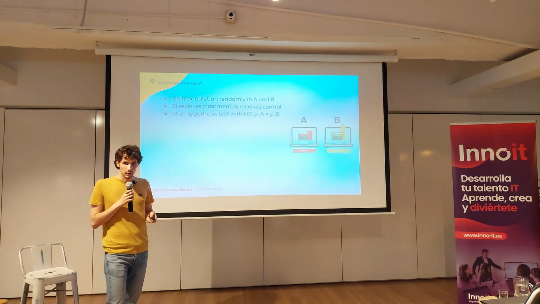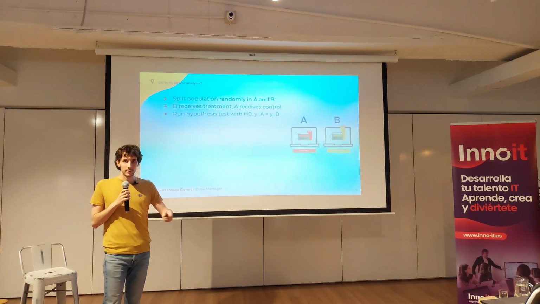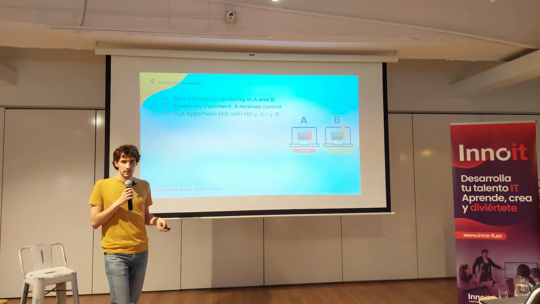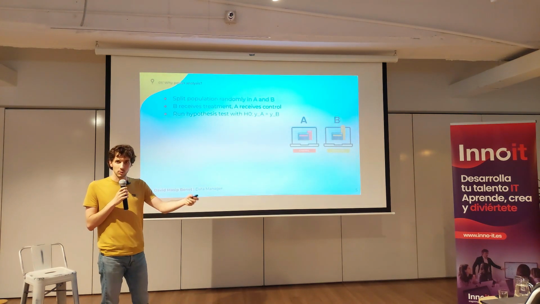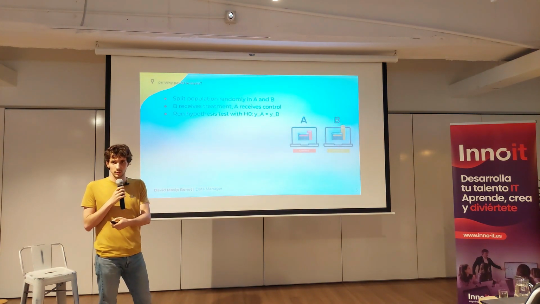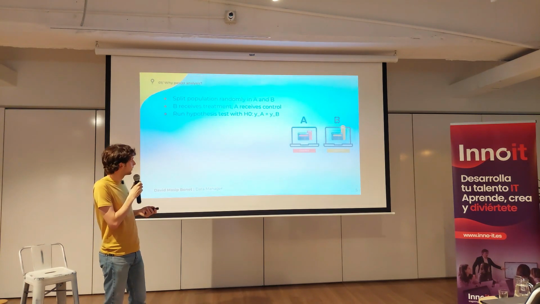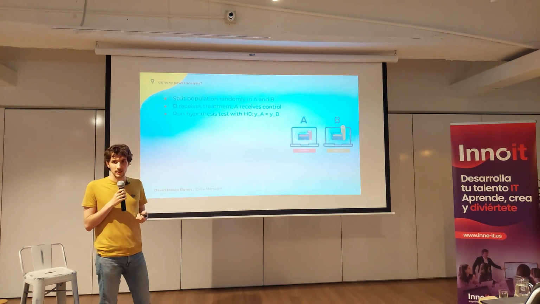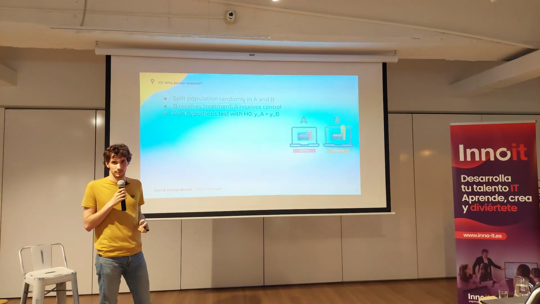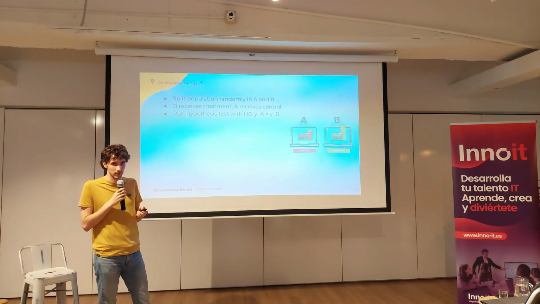And then we run the test, we collect the data, and when we have data of some users that were in treatment and data of some users that were in control for a particular metric, essentially we use hypothesis testing to see if the mean of that metric was different in treatment and control. So this is key. We use hypothesis testing.